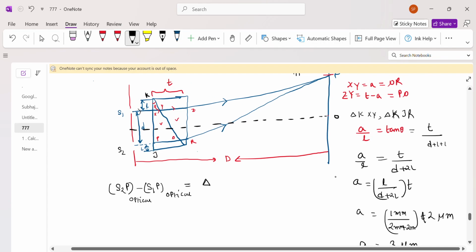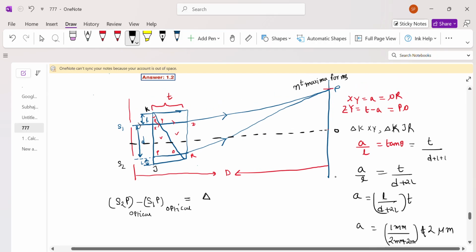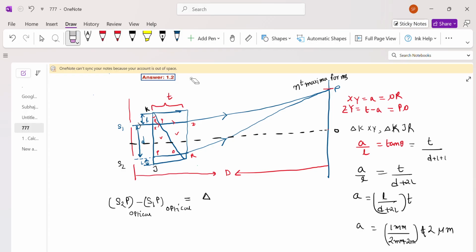So how can I write down this S2P? Let's say I denote this point with something else. Let's say this is L. I have made a mistake, I denoted this point as P also, but it doesn't matter.